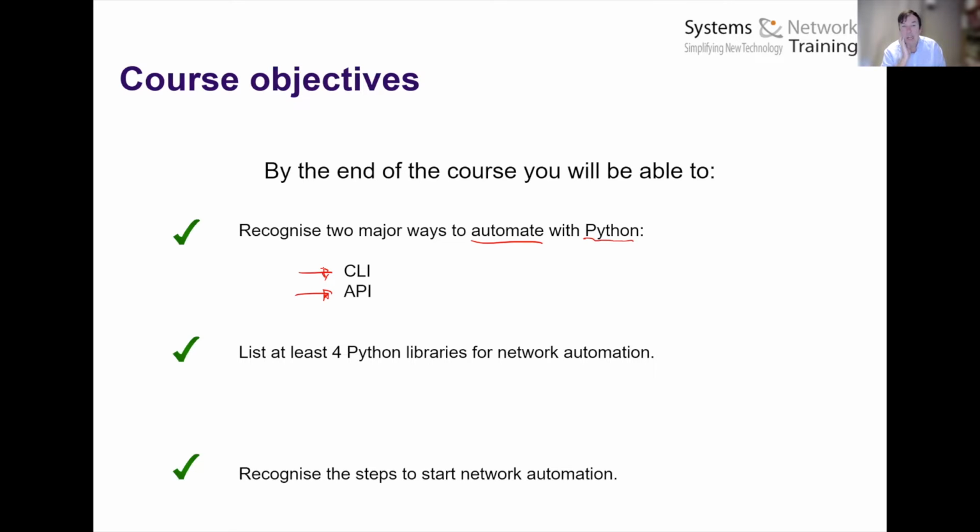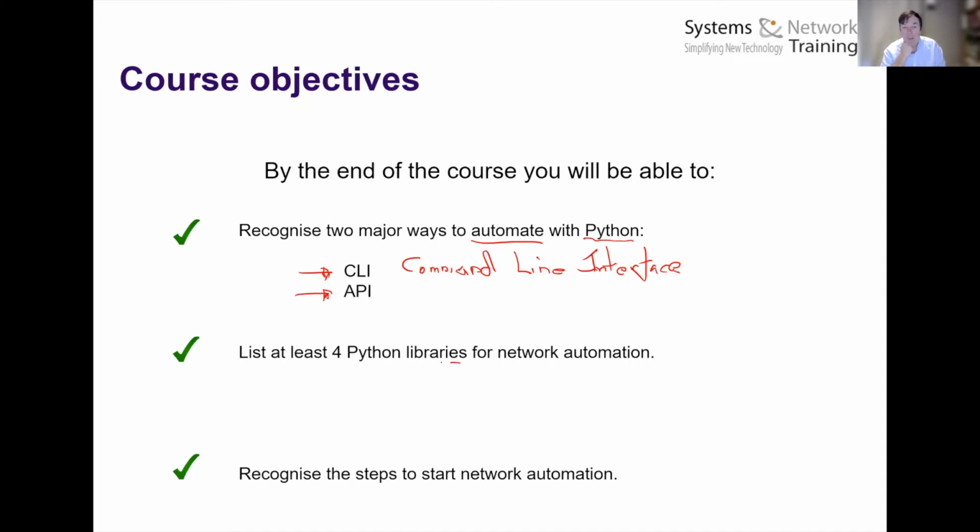You may not know what they are yet, but this one's a command line interface, just in case. So we're going to look at automation using a command line interface. And if you're new to network automation, that was probably the first step you'd actually want to use, the command line interface. And then we're also going to look at using APIs, which we'll cover in a bit.